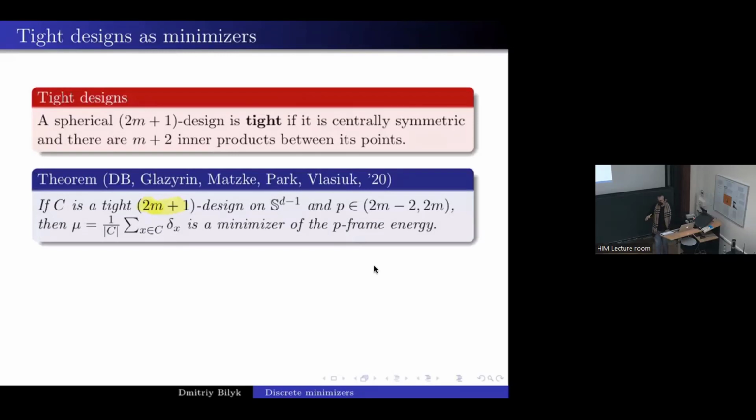If there exist configurations which are designs of high enough order, but also have few distances between points in that configuration, so that's what a tight design is here, a design of some high enough order with few distances between points, then when those configurations exist, they minimize the p-frame energy in the corresponding interval, and they are the only minimizers in this case.